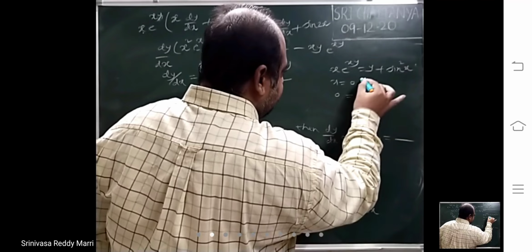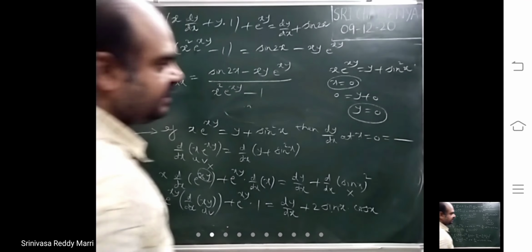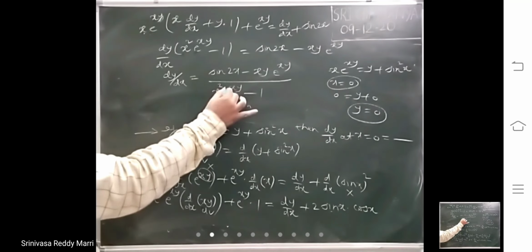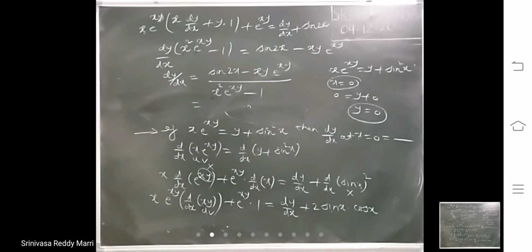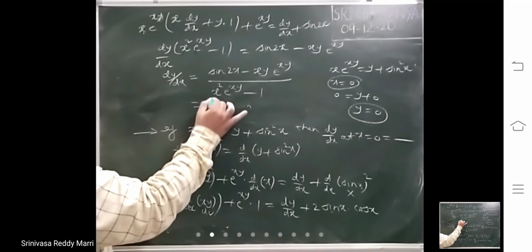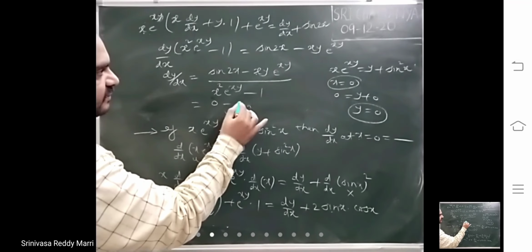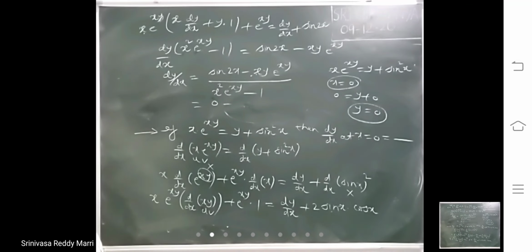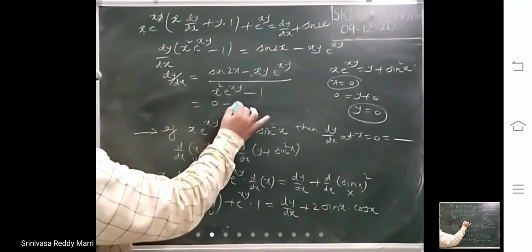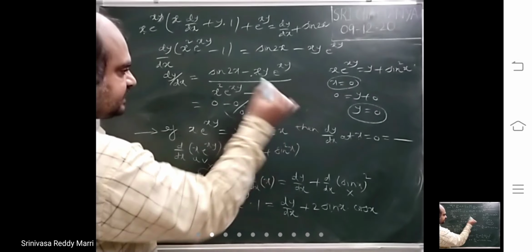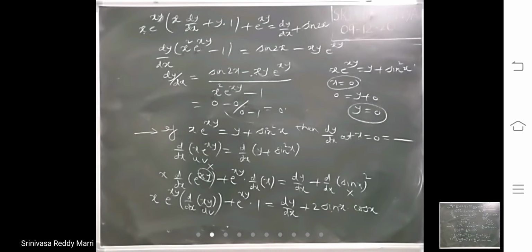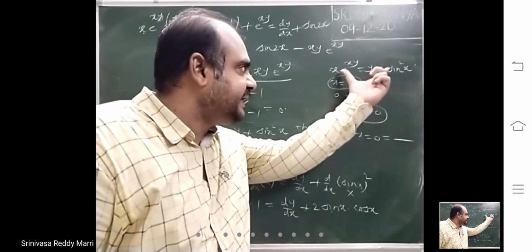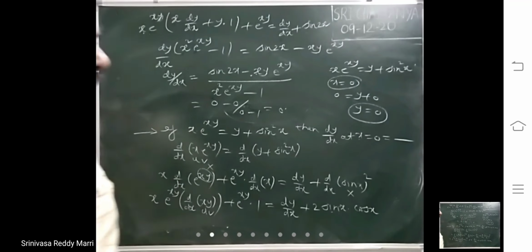That means x equal to 0 implies y is 0. Here you substitute x equal to 0, y equal to 0. What you will get? X equal to 0 means this is 0, y equal to 0 means you will get 0 divided by 0 minus 1. Answer is what? 0. So this is 0. Like that, when x is given, y is required, take the given curve and substitute x and calculate y.